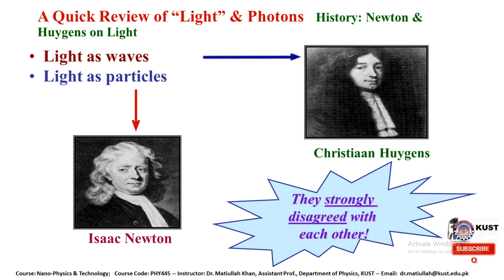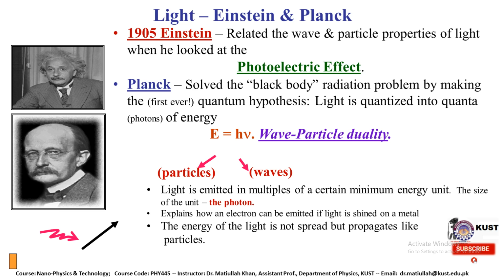So we have two scientists over here, Isaac Newton and Huygens, who considered that the radiation has a particle nature and wave nature respectively. Both of them strongly disagreed with each other. Later on, in the next slide, we will show how we have a dual nature of matter.